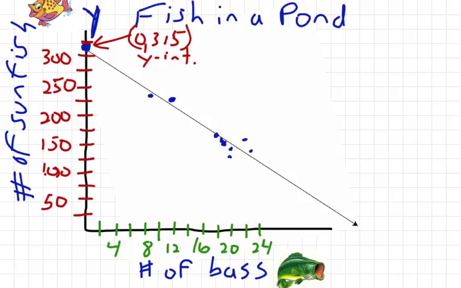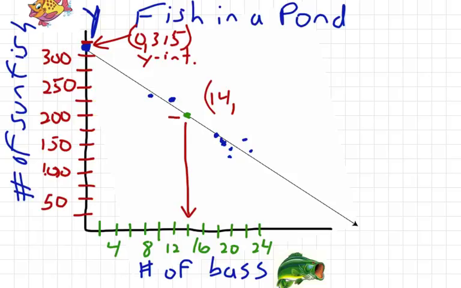So, for instance, it looks to me like right there could represent the point. If I go straight down, that would represent the point 14 across. So 14 could be my x value.